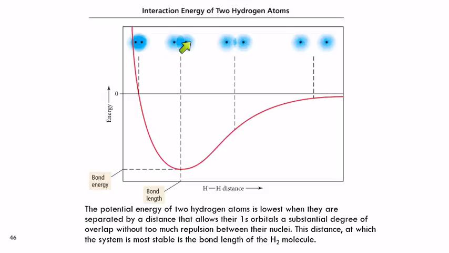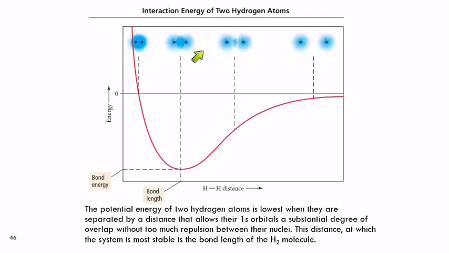If we continue to push those two atoms closer together, now we get more repulsion from the two nuclei that are getting too close together. I kind of think of this like two people. Maybe you've got a good buddy, right? You see him across the room, and you want to go over and talk to him. There's an attraction between you.